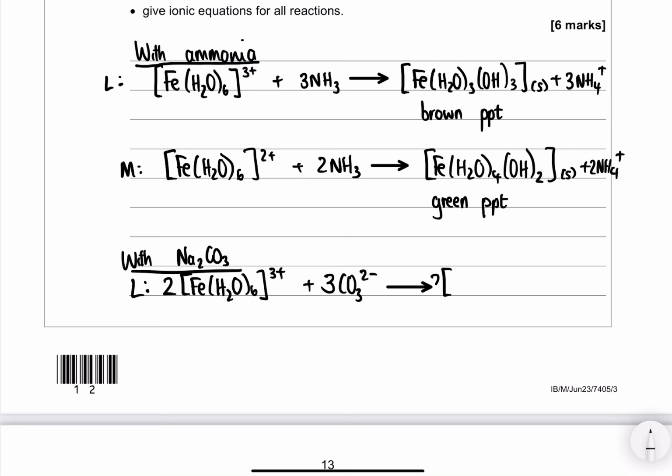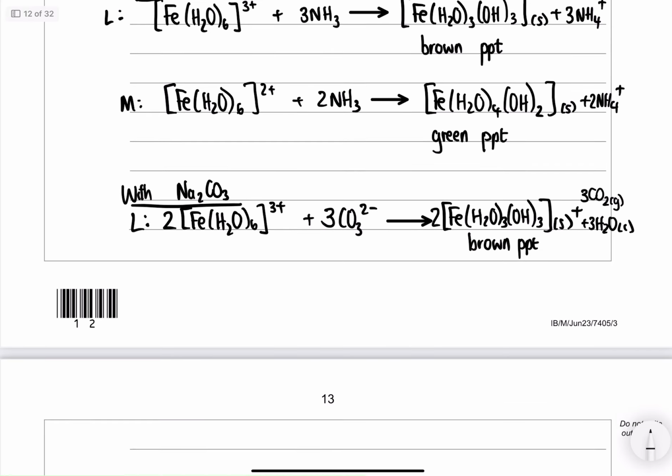And so I'm going to get 2. And when something is 3 plus, it's going to act as an acid and donate protons until it becomes neutral. There's my brown precipitate, same one as before. Plus 3 lots of CO2 gas, that's my effervescence, and 3 lots of H2O liquid, a bit of a squeeze in there.